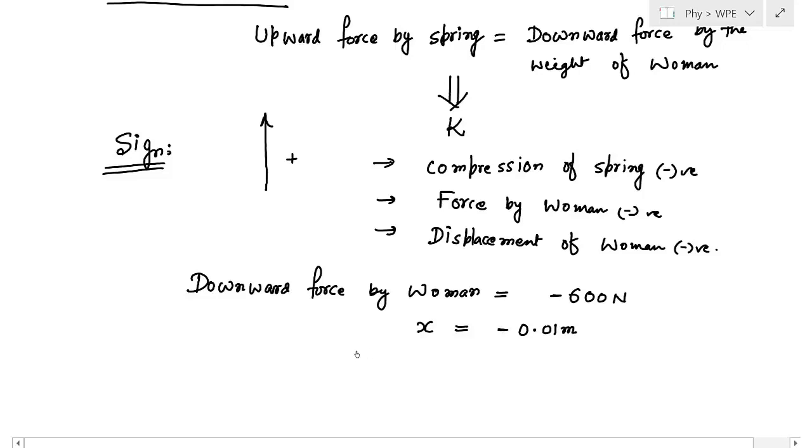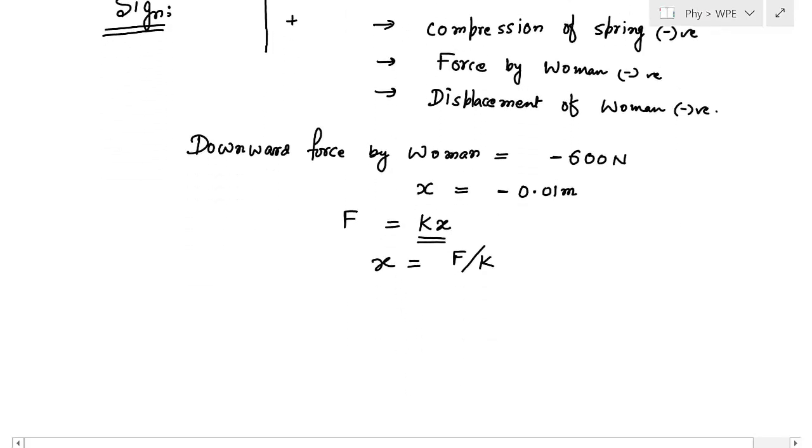Now I can apply force equals Kx. At equilibrium, the force by the spring is equal to Kx. We can calculate this force, and we can write x equals F divided by K. So let us try to understand all this.